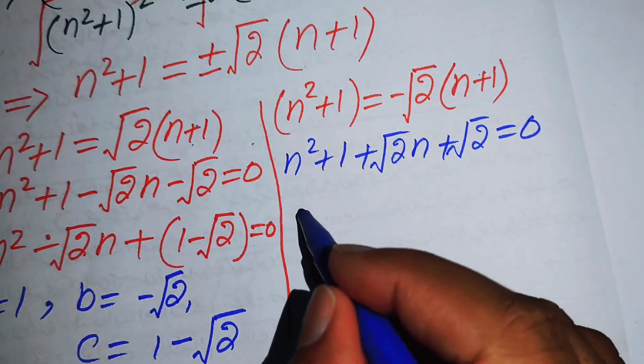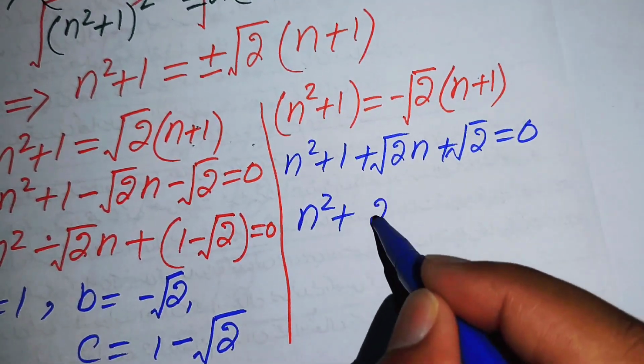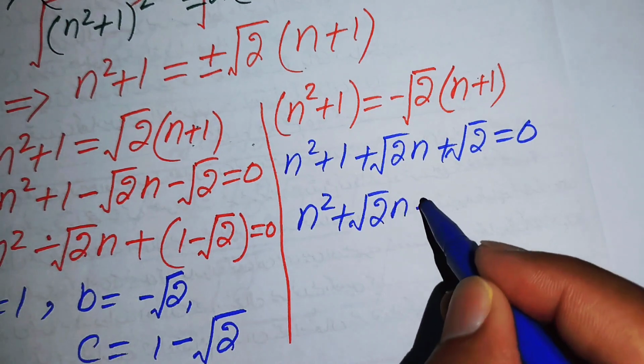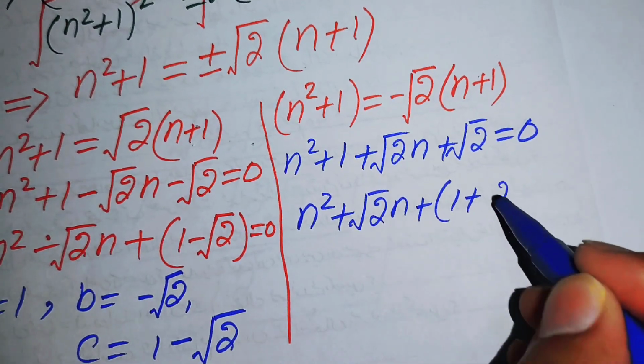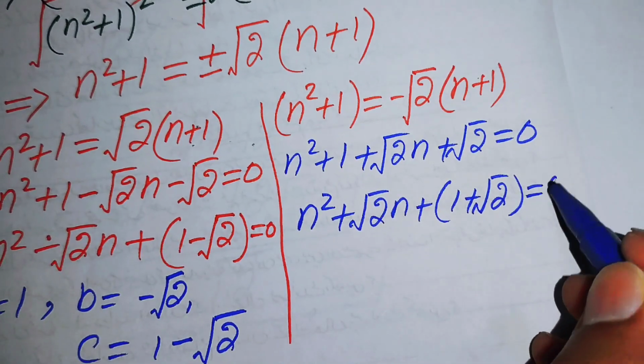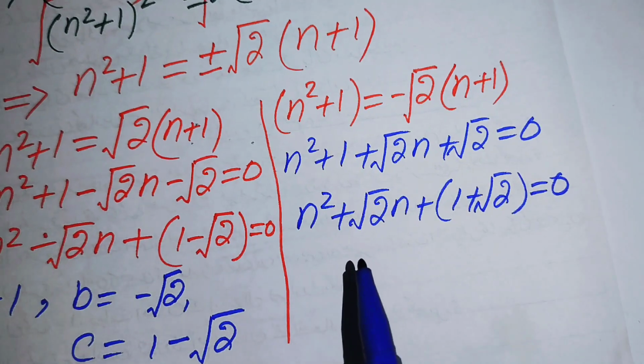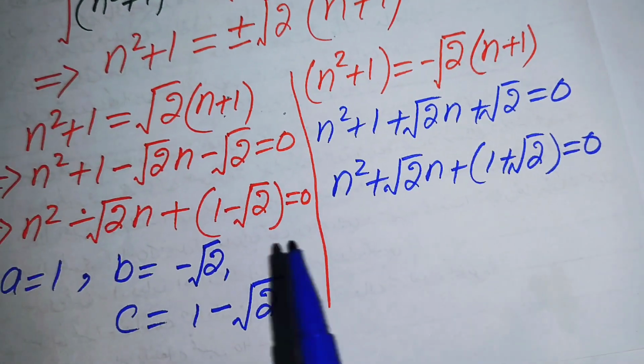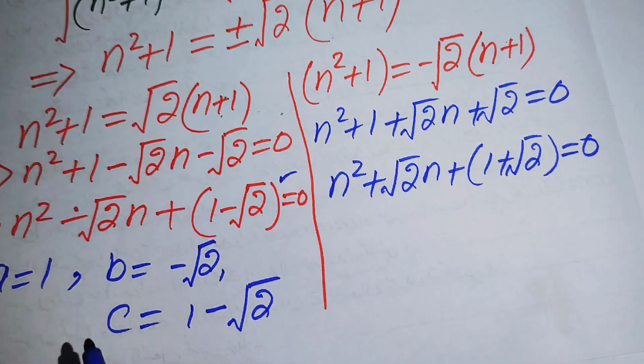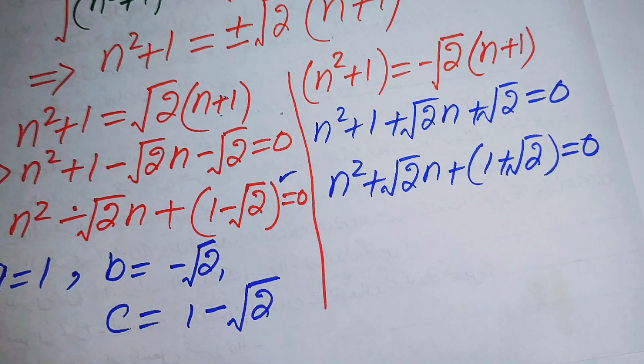And here you get n squared plus square root of 2n plus 1 plus square root of 2 is equal to 0.